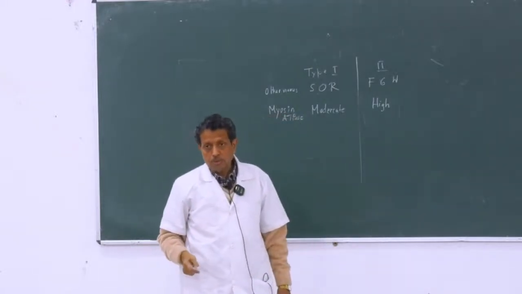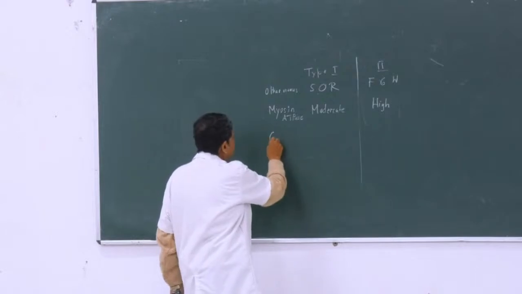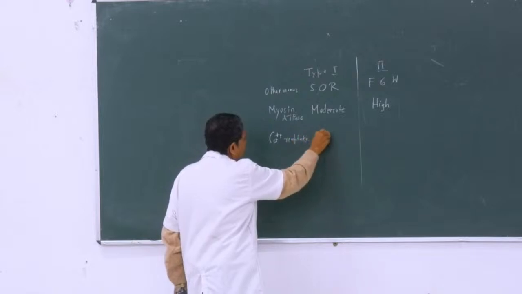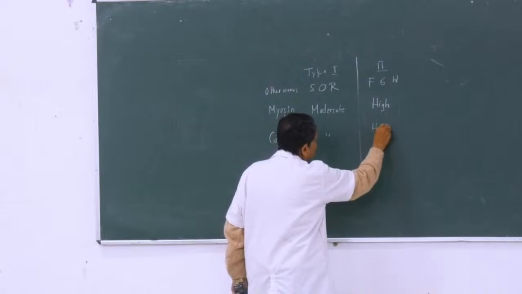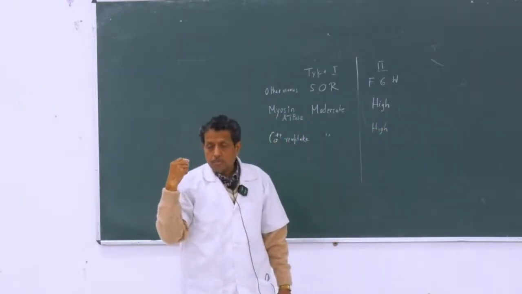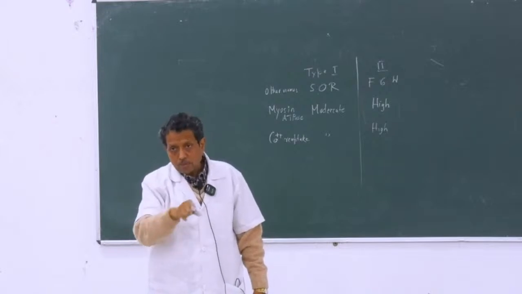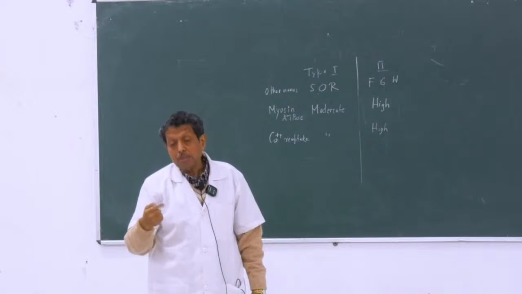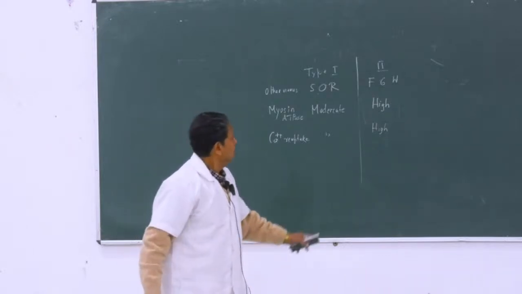Quick contraction is possible with myosin ATPase. Calcium reuptake mechanism is moderate in one and high in the other. Because quick contraction may be followed by another contraction, the mopping power of calcium from the cytosol must be high. Calcium reuptake, that is, calcium returning to the longitudinal part of the sarcoplasmic reticulum, is more in this case.